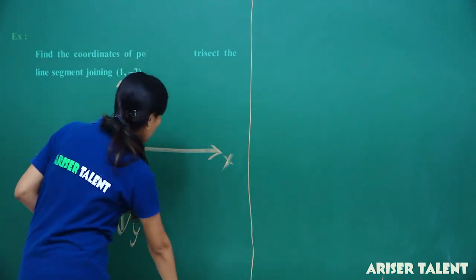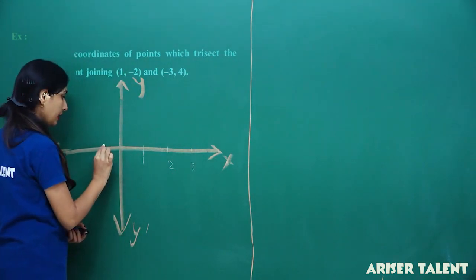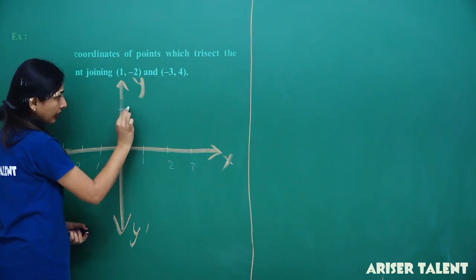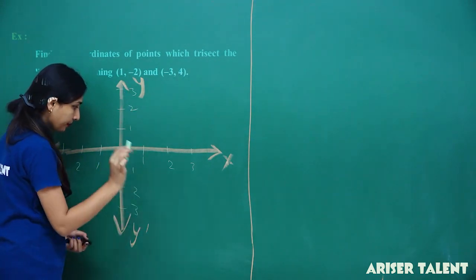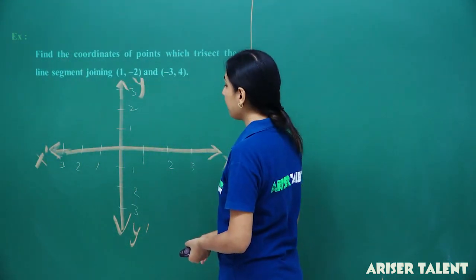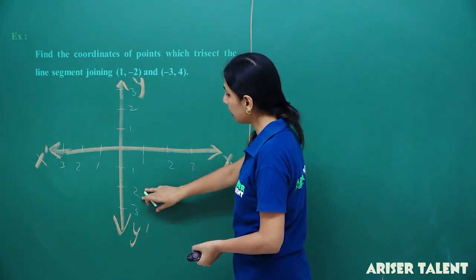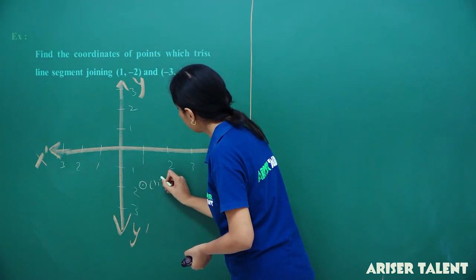Now, I'll mark the points: 1, 2, 3, here also 1, 2, 3, I can go like that also, 1, 2 and 3, and here also 1, 2 and 3, right. Now the points are 1 and minus 2. So x1 is 1 and minus 2 is here on y, so the first point (1, minus 2) is here.